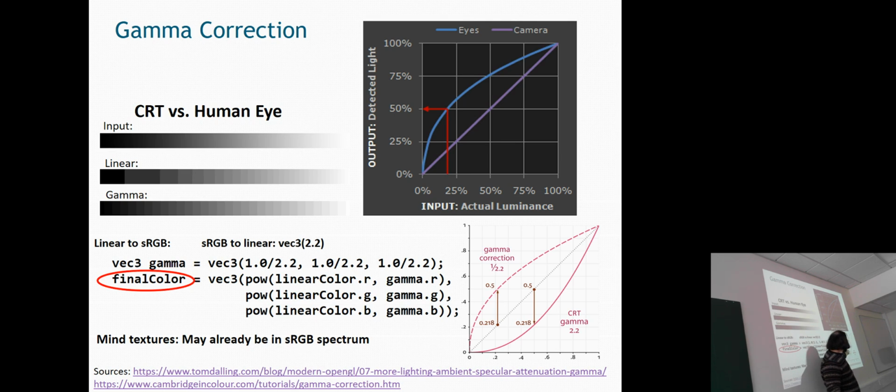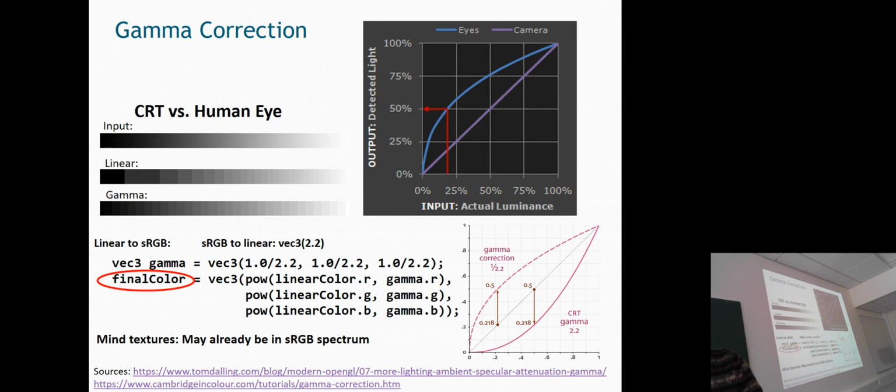By this power we get this increase from 0.28 actual luminance to the perceived one. And likewise, if we want to decode gamma back to the linear one, we use 2.2 directly, as the power.